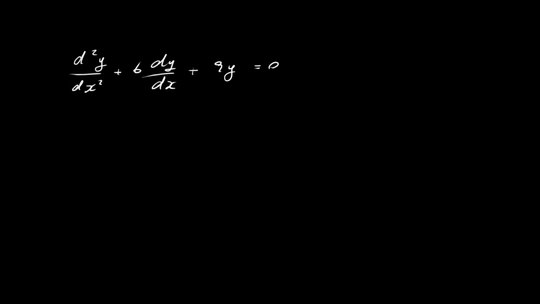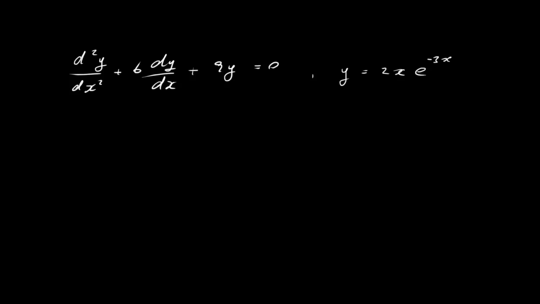So this is my second order differential equation because we have a squared here, we have a second differential here if you like, and the solution that I'm going to say works for this is my function y is equal to 2x e to the power of minus 3x. So I'm saying this is the solution to this equation here. So let's just verify that it is in fact the solution.